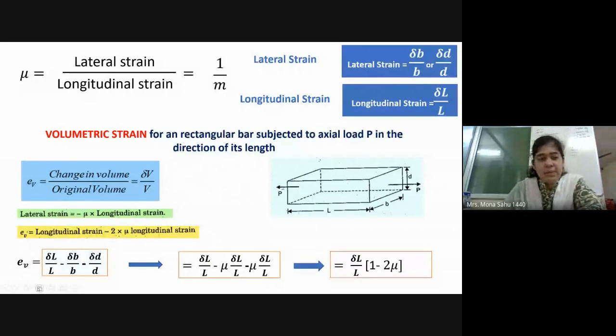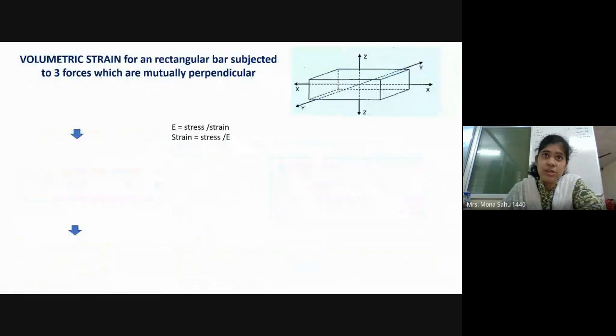Now use the same principle when there are two more loads acting in the y direction and the z direction. If you see this, please pay attention. You have a block. You've got the x, y, and z directions. There are forces acting in the x direction, another force in the y direction, another force in the z direction.